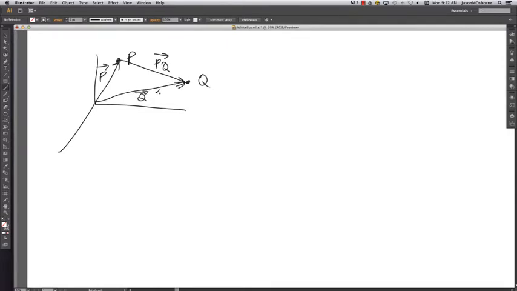Okay. So our basic vector operations that we have are plus, minus, and scalar multiplication. Let's take a look at those now.